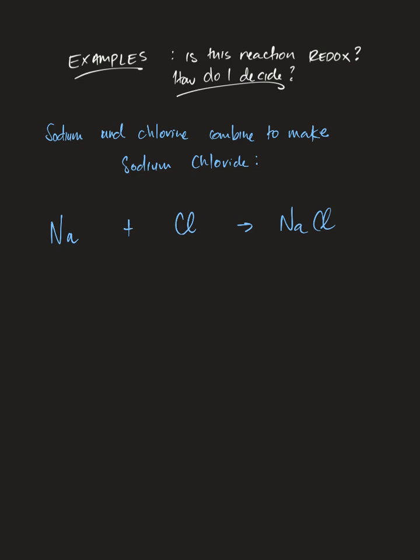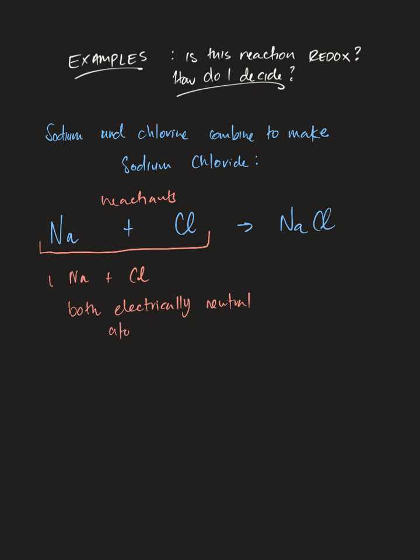Right. The first thing I have to look at is, and you can see I haven't balanced or anything, I'm just looking at this. When I start here, all right, I need to look at the charges. So the first thing we do is we look at the charges. If I look at Na and Cl, right, when they are reactants, they are both electrically neutral atoms.